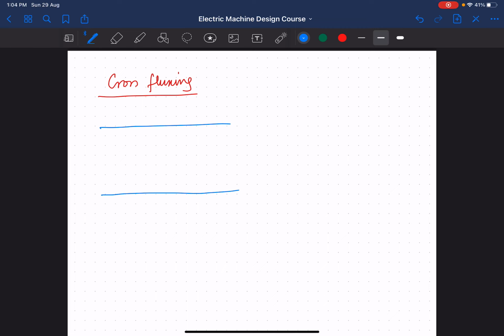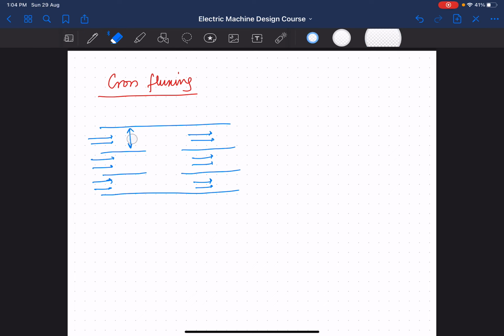If this is a conduit, and this is the incoming channel, and you have the outgoing channel like this, if the area of the incoming channel is the same as the outgoing channel, the flow is going to be normal. This area is the common area.